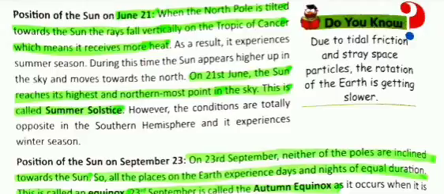During this time, the sun appears higher up in the sky and moves towards the north. On 21st June, the sun reaches its highest at the northernmost point in the sky. This is called summer solstice. However, the conditions are totally opposite in the southern hemisphere and it experiences winter season.